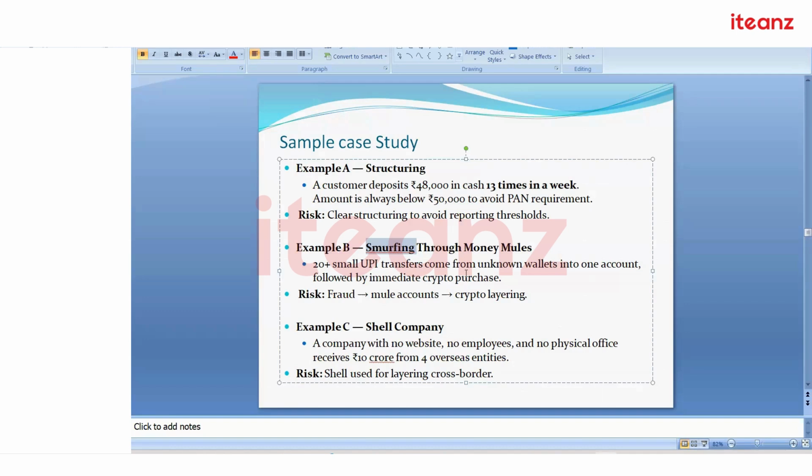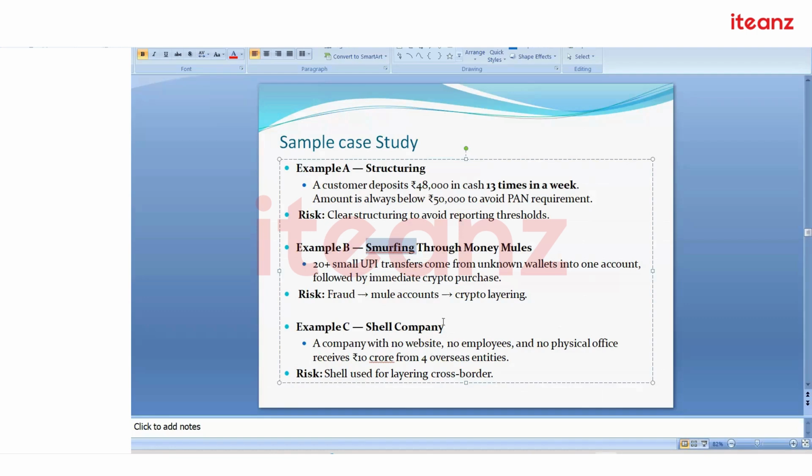Then there is something called money mules. Money mules are accounts with low income but heavy transactions. They are called mule accounts.